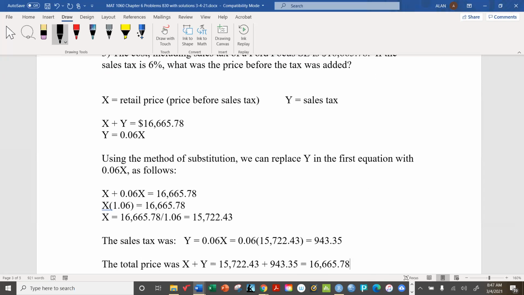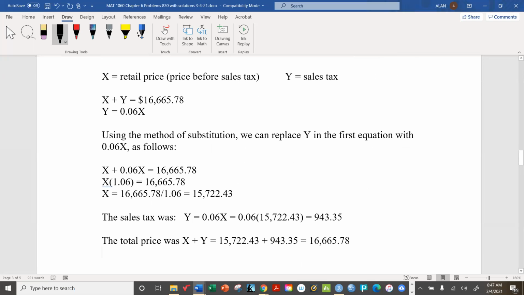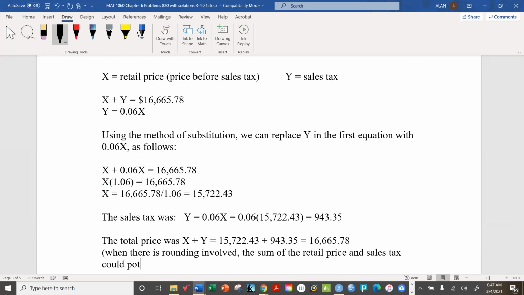It worked. Now, I do want to mention here, though, that when there is rounding involved, the sum of the retail price and sales tax could potentially be slightly off due to rounding considerations.